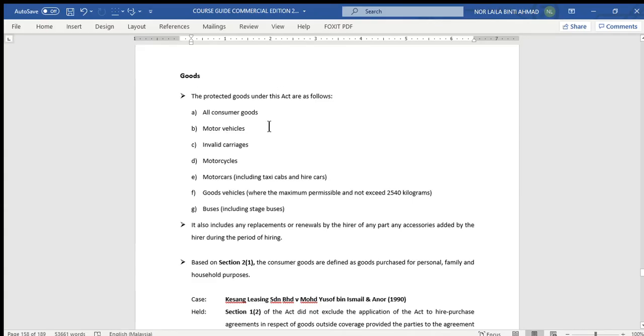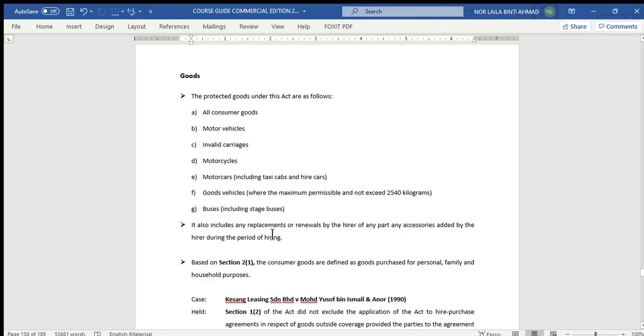And then motor vehicles, invalid carriage here means the carriage that is designed for disabled persons, untuk OKU, for example motor roda 3, okay, and then it also covers motorcycles, motor cars, including taxi cabs and hire cars, goods vehicles, and it also includes buses, okay, including stage buses.